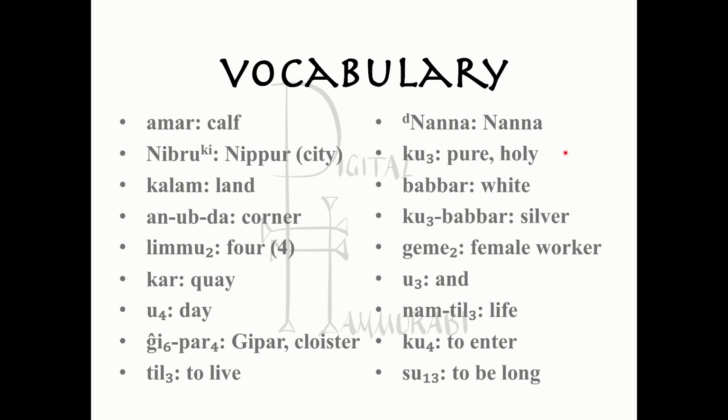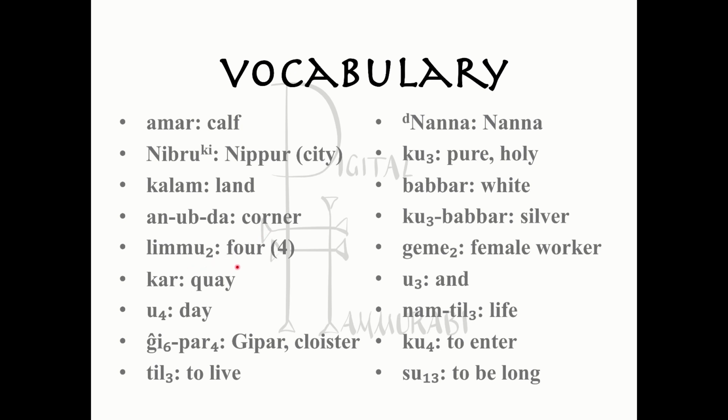Now, the vocabulary. Let's just go through it. Amar means calf. Nibruki is the city of Nippur. This is Enlil's city. Very important city in Mesopotamian history. Kalam is land. An-ubda is a corner. And you would think, why in the world are you giving me the vocabulary word for a corner? It shows up a lot in royal inscriptions, so I wanted to make sure you had it.